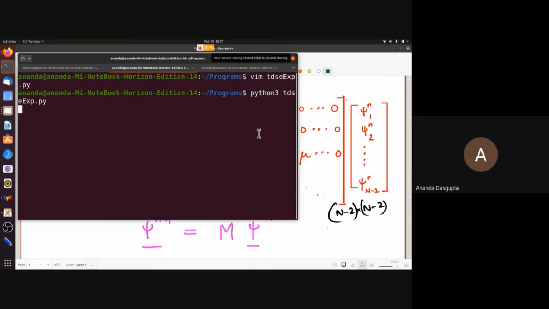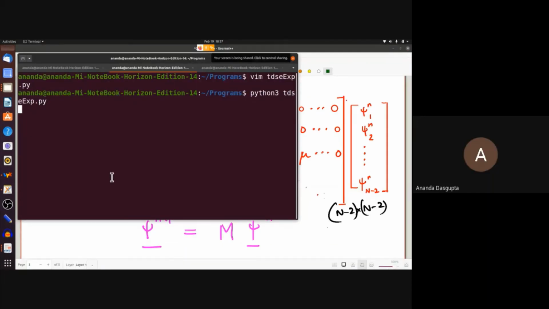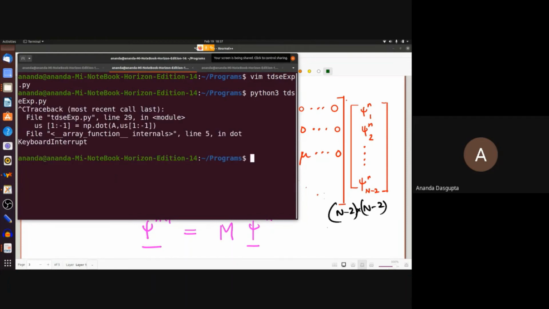Why is it doing that so slowly? That should be a question which is very easy to answer. Not T, dt, right? Yeah, we have put in a horribly small value of dt. So I've just stopped the program.